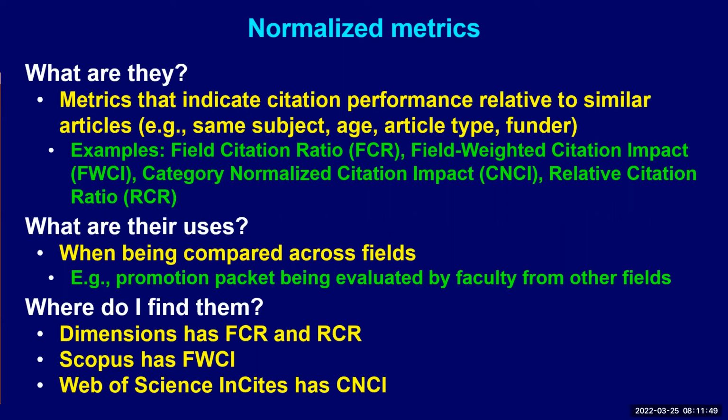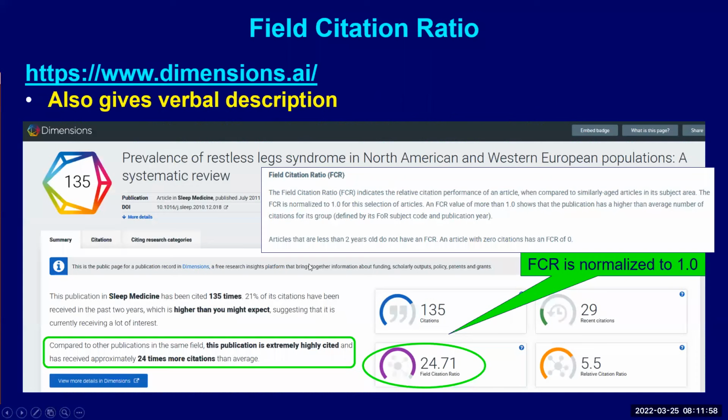So for the normalized metric, the number itself indicates whether it's high or low for your field. One example of this type of metric is the field citation ratio, or FCR. And this can be found in the Dimensions database.